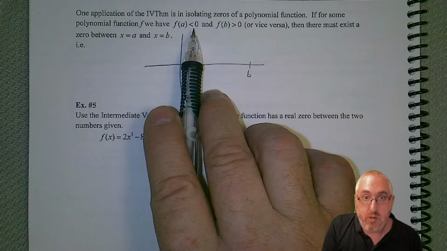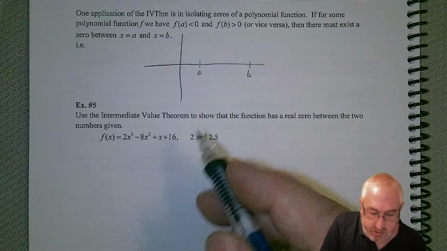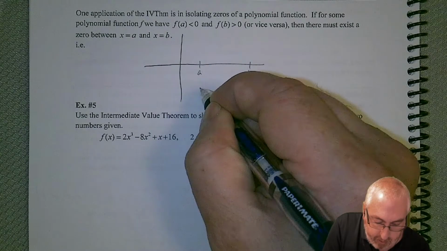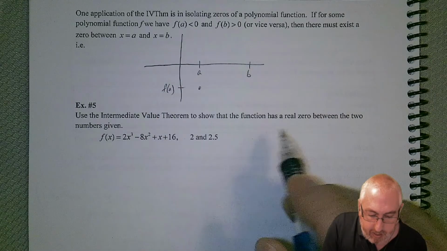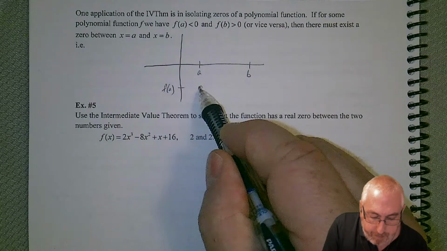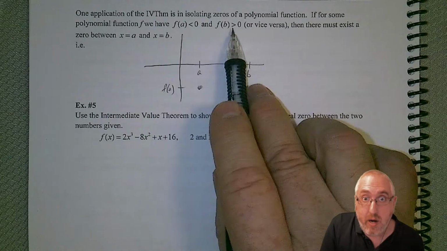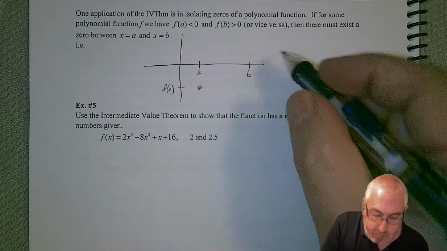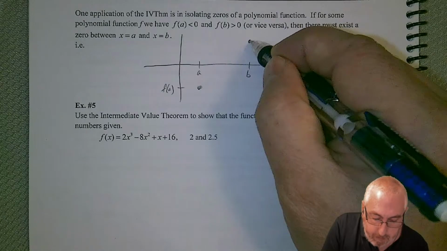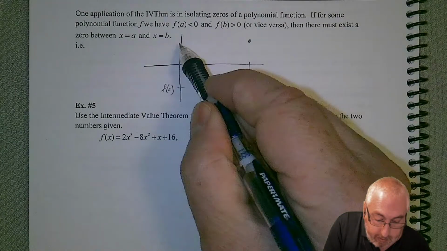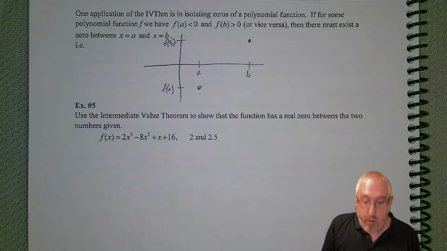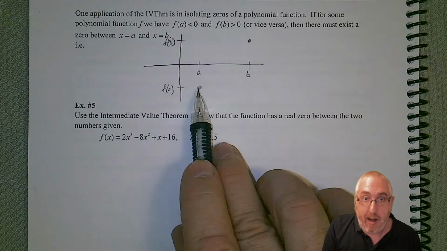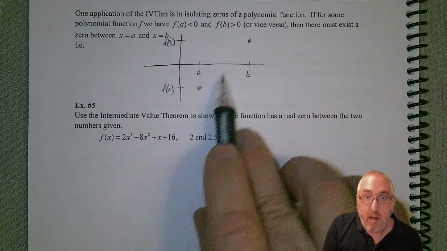So the y value at A is less than 0, so that means it has to be somewhere down here. So this would be f of A. And then f of B is greater than 0. So let's put our point up here, and we'll call this f of B.